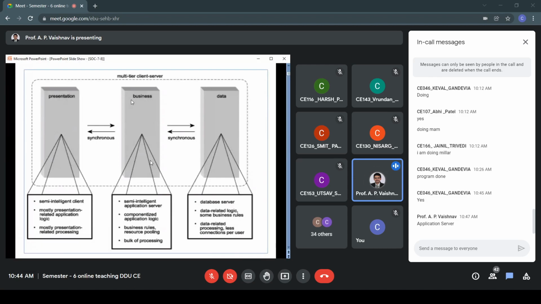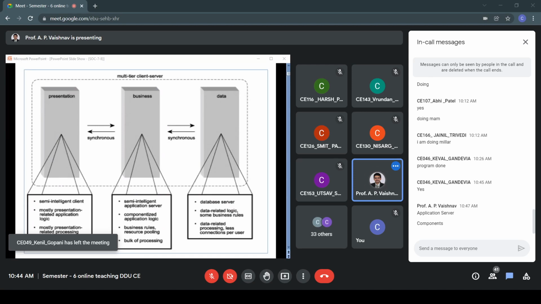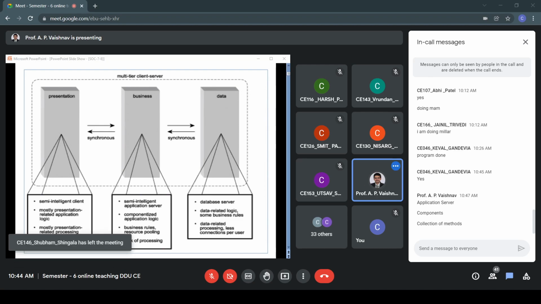Right? On application server, you will be installing components of your system, right? So components are nothing but collection of methods. Like you have classes as a collection of methods. So you can say components are synonyms to the packages, right?